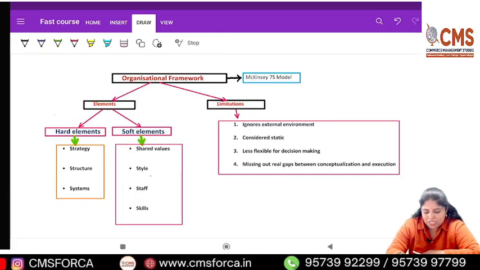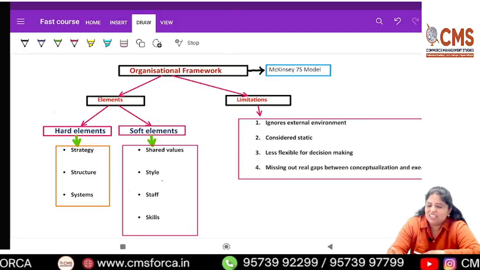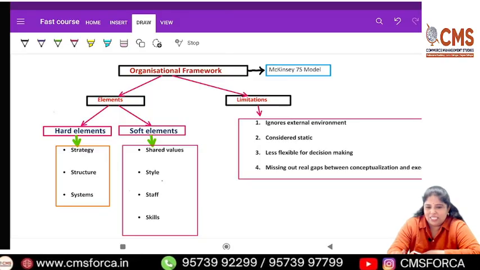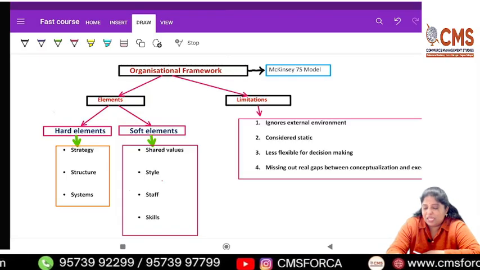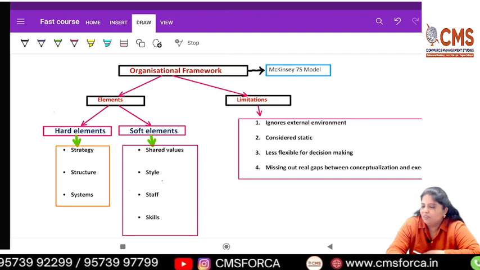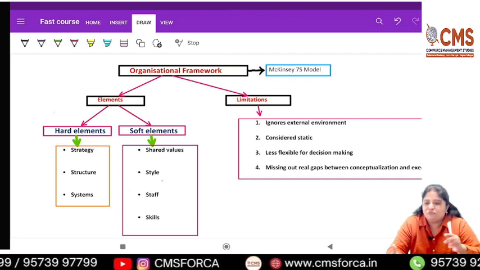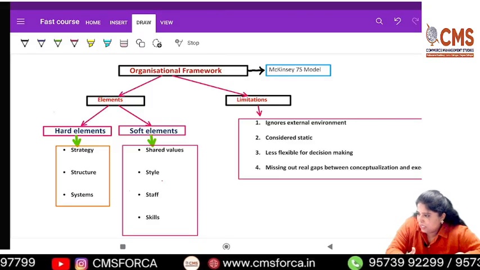Do you remember this? You can manage. Let's go with, I want to take up SBU structure. Shall we? Or if we have time left, I will come back to this.